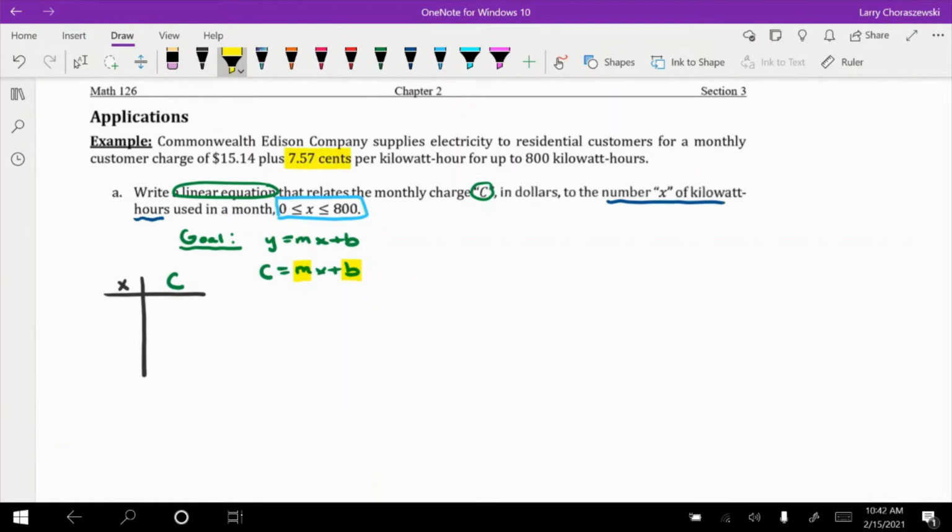We have one number provided to us in units of dollars and another number provided to us in units of cents. If we look at part A, what it says in it, they want our cost to be in terms of dollars. So what that means is we should consider converting 7.57 cents to dollars.